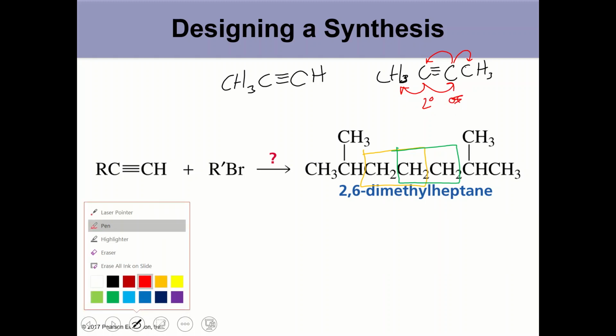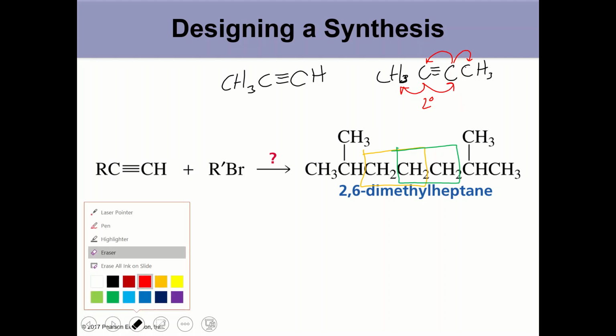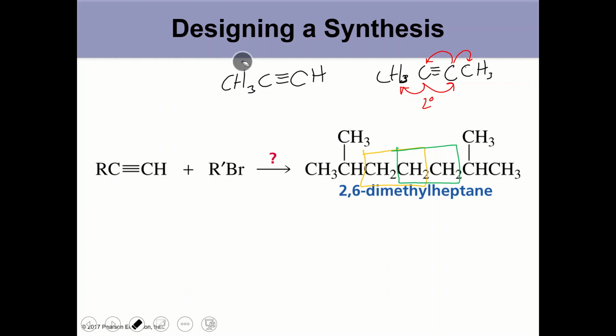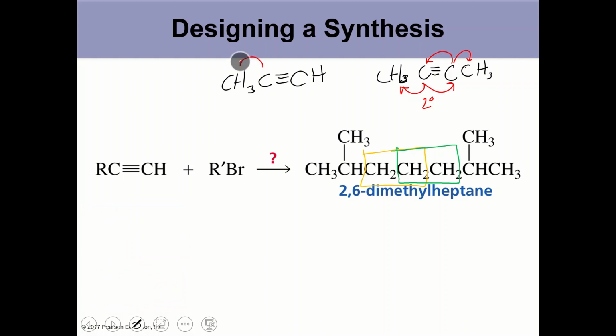or in the case of the terminal alkyne, we could have 1, 2 bonds to carbon, or for the terminal carbon, only 1 bond to carbon. So that gives us a primary carbon and a secondary carbon at best.